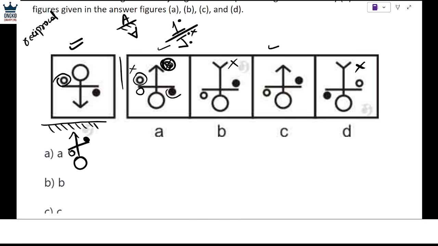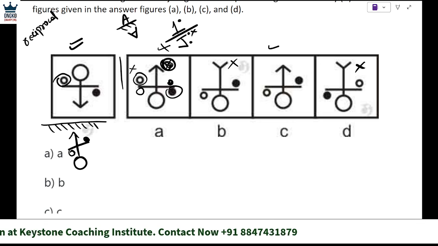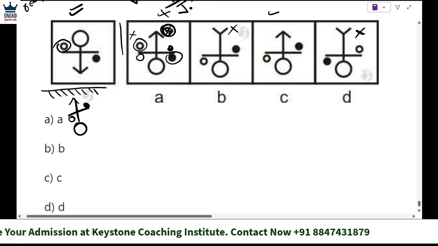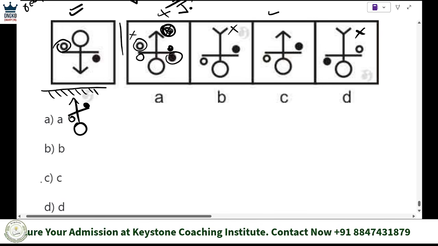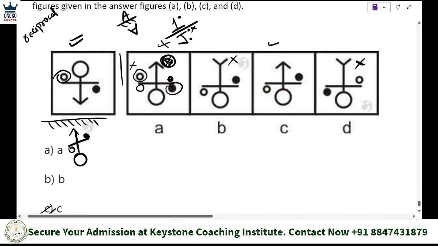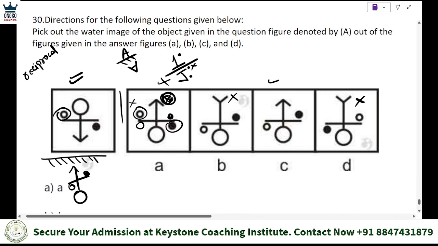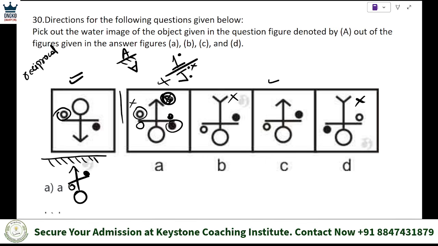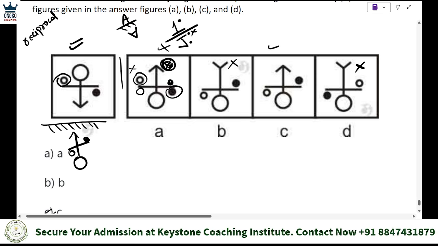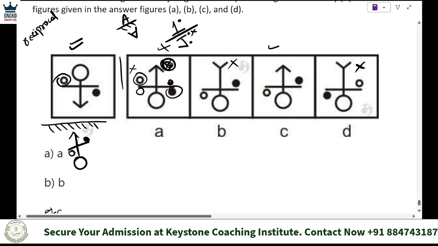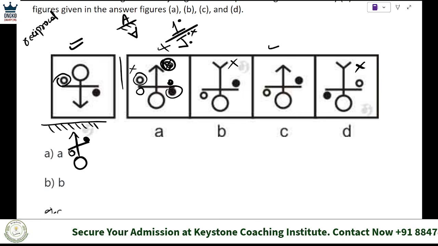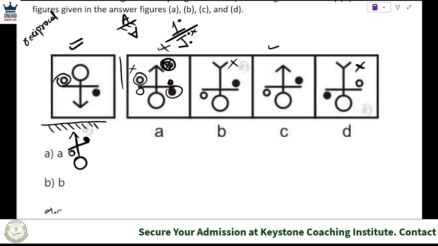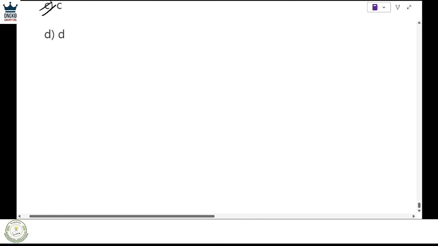So A is wrong. C will be the answer. Right, but we can cross check also. Yeah, that's the solid answer. So C is the answer.